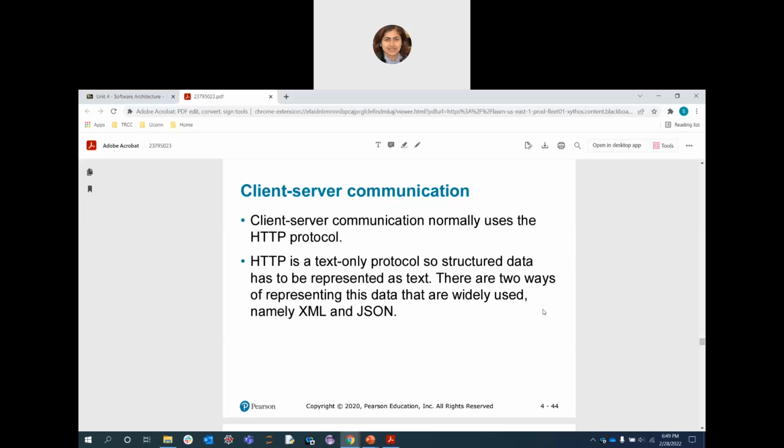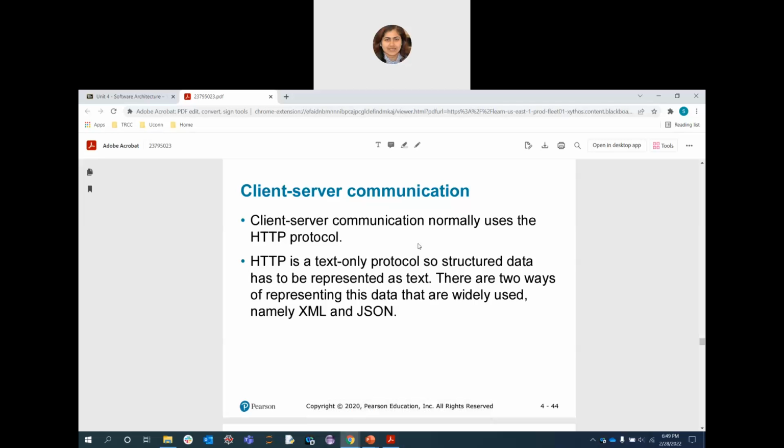Client server communication normally uses the HTTP protocol. Based on this protocol, the client sends a message to the server that includes an instruction, such as a get or post instruction. I'm not going into details about that.